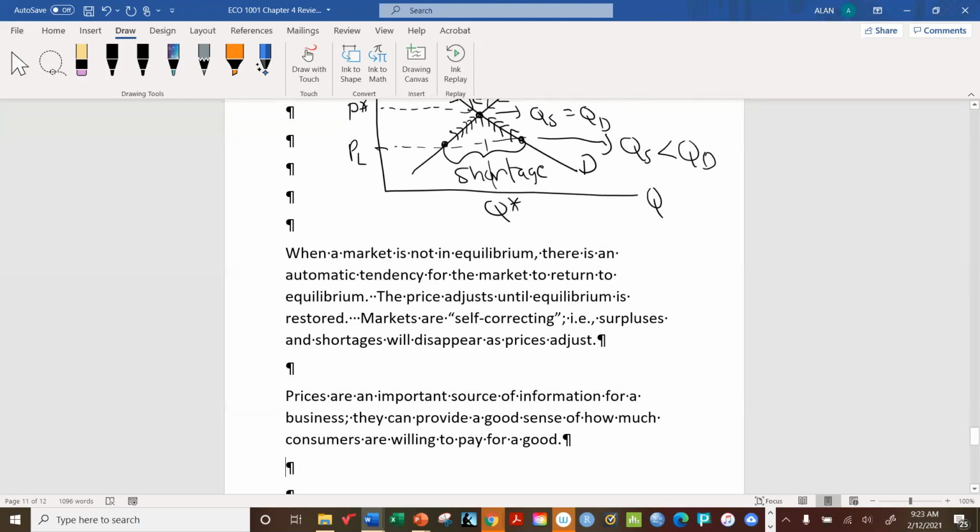So this is how we know that we made a mistake. The shelves are empty or the shelves are bursting with this product. So we decide that maybe the price is not where it needs to be, and we just keep adjusting it until we find the right one. In fact, this is one of the reasons why stuff keeps going on sale in supermarkets. They're trying to find the right price. They're not sure how much people are willing to pay for these products, so they keep tinkering with the prices until they find the right one.